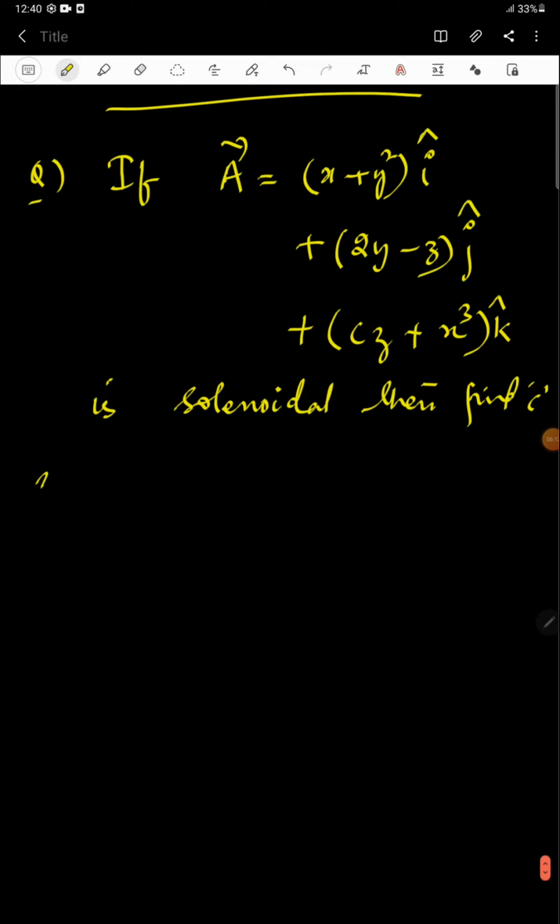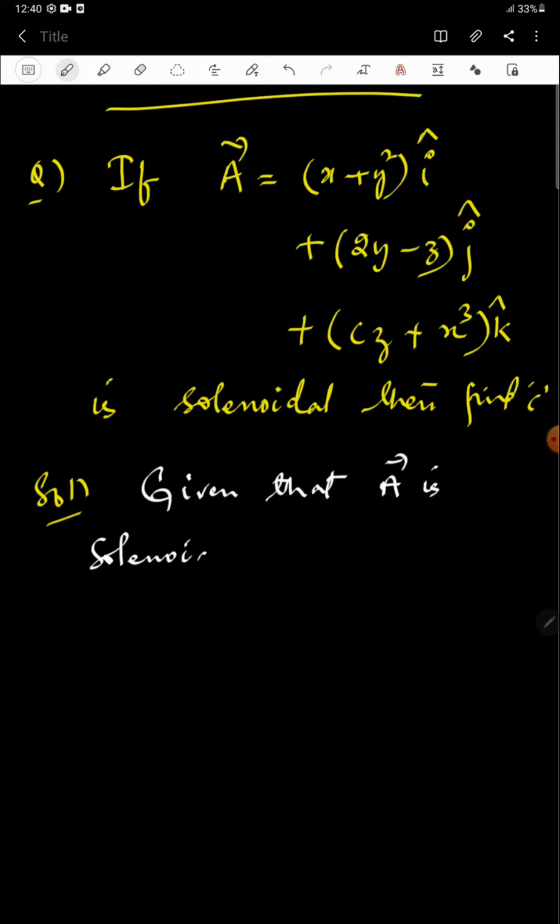So simple, what we do now is, given that vector a is solenoidal, it implies the divergence del dot a must be equal to 0. But what is del dot a?